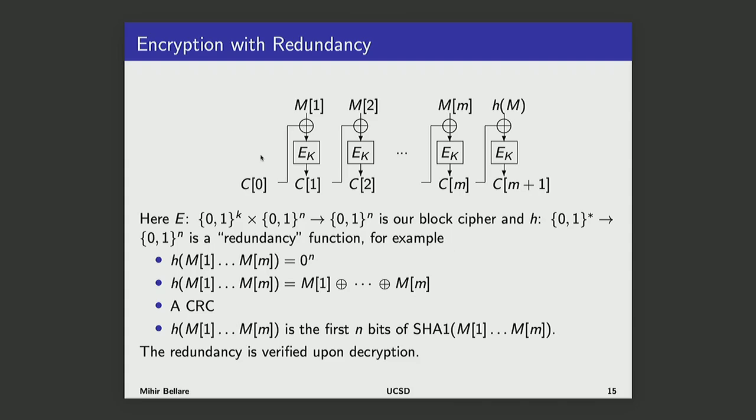Here we have a normal CBC encryption of a message. And the new idea is that we will pick some kind of redundancy function. This could be very simple. It could just be something that always outputs the constant n zeros. It could be a little more complex, like you give it a bunch of blocks and it XORs them. There are other things in the literature, and you could even be fancy and use something like a cryptographic hash function.